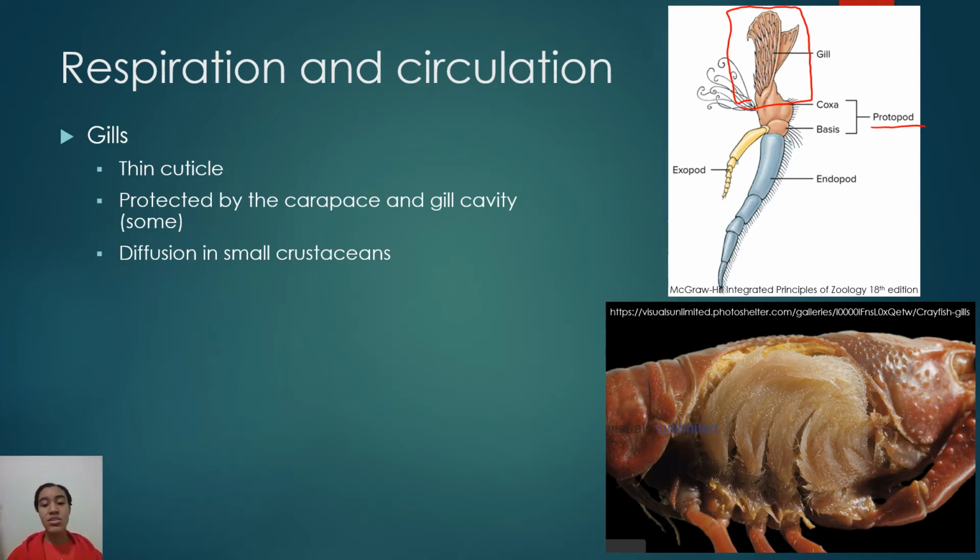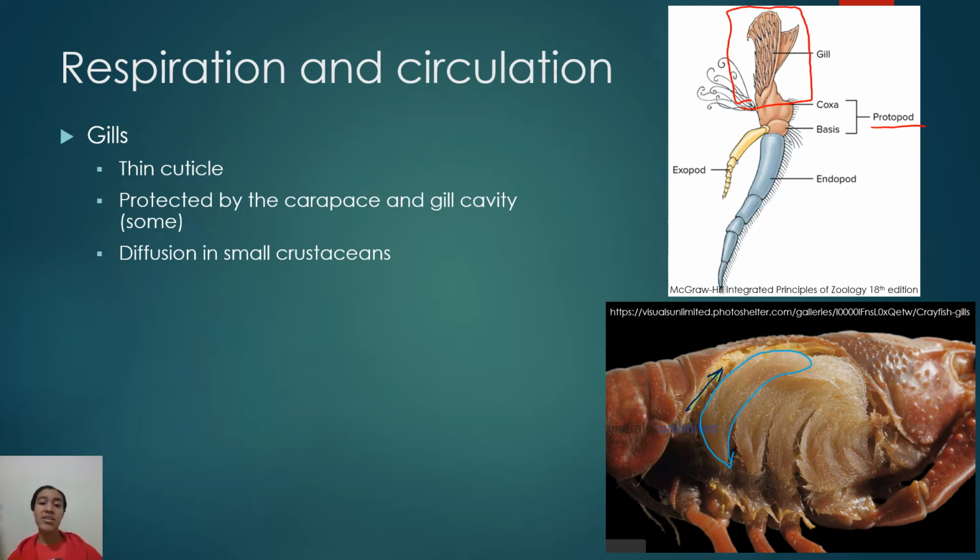And a lot of crustaceans will house their gills in something called the gill cavity, which is two spaces on either side of the crustacean. And you can see that down here, this feathery material here is the gill, and then this space behind it, this space here, is the gill cavity.